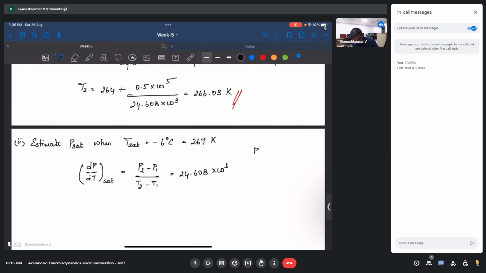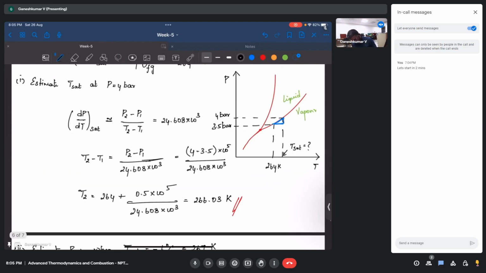Here P2 is what we are going to find out, T2 is going to be 267 Kelvin, T1 is going to be 264 Kelvin, and P1 is going to be 3.5 bar. Let me also write it here to be clear.